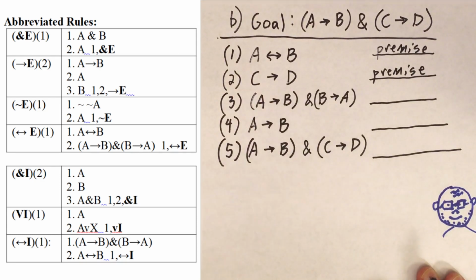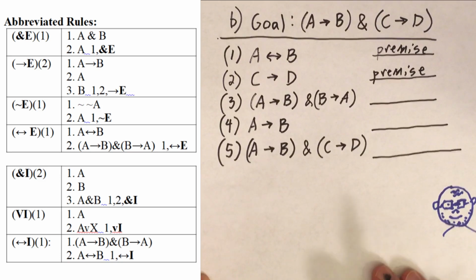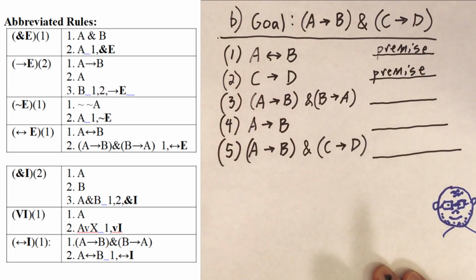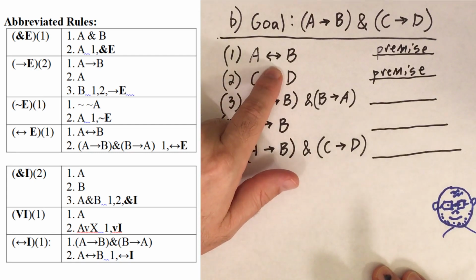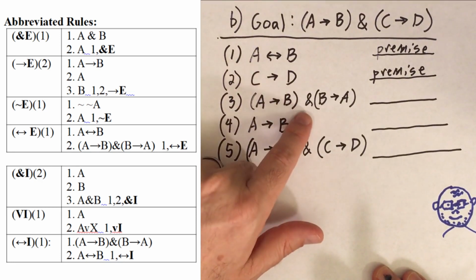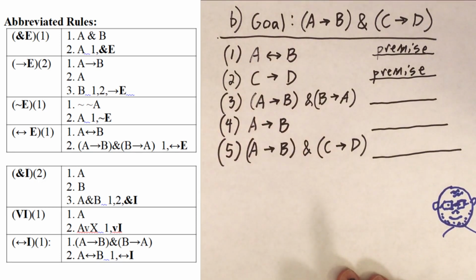It looks really awkward. Although notice the secret here. The secret is this biconditional. I know this looks weird and complicated, but notice what that biconditional means. If we take apart that biconditional, it gives us exactly this line.